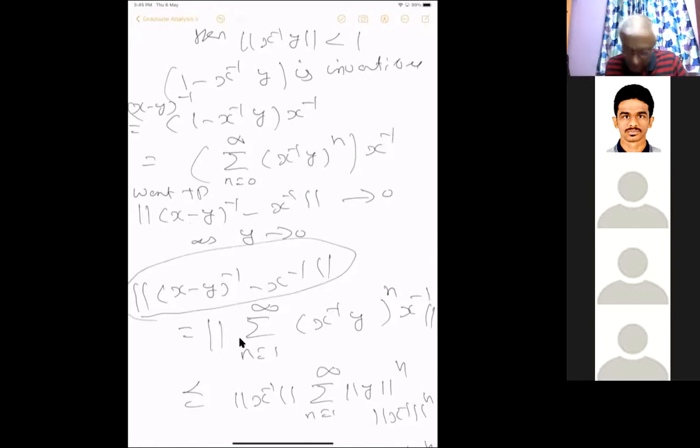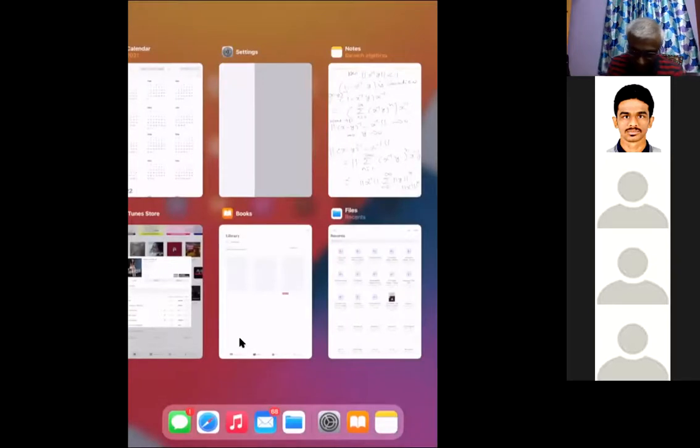I mean, x plus y or x minus y, doesn't matter. We want to prove that x plus y goes to x as y goes to 0. So that is what is being proved by all these inequalities.